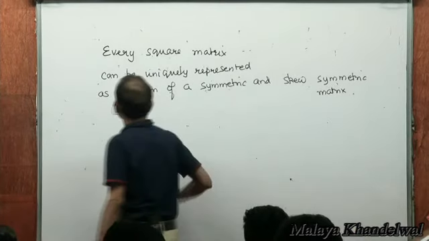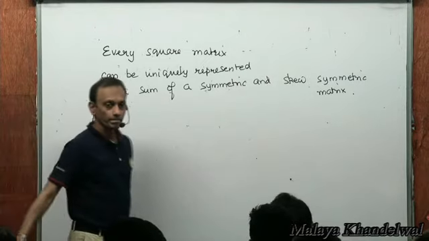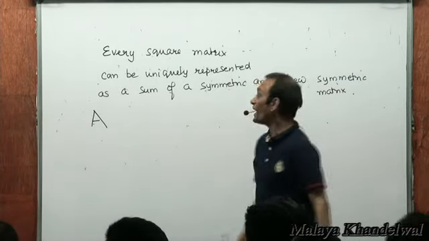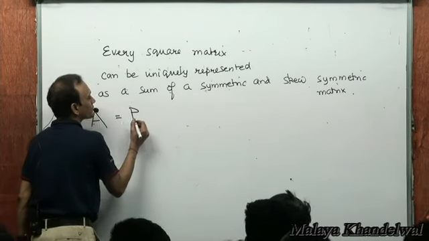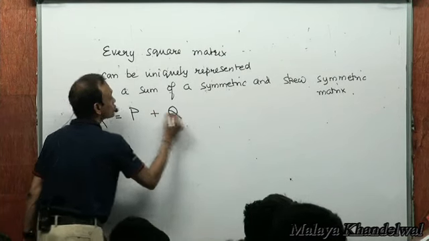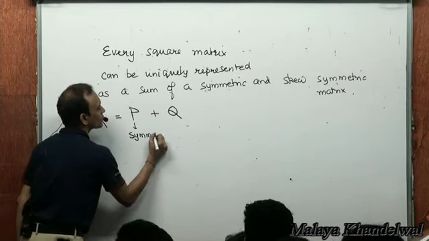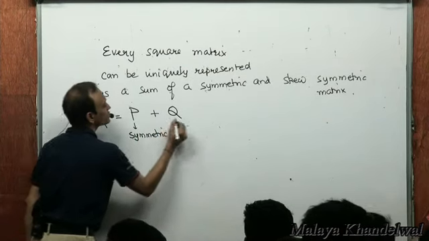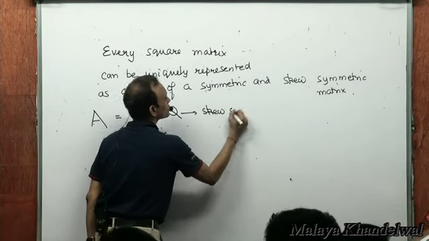Let's see how. So let's say A is a square matrix. I want to write this as a sum of P, which is a symmetric matrix, and Q, which is a skew symmetric matrix.